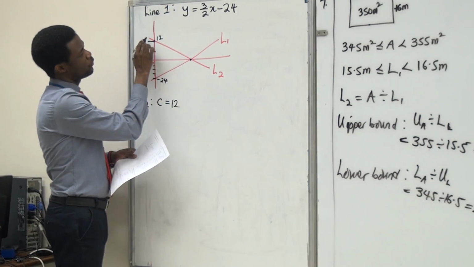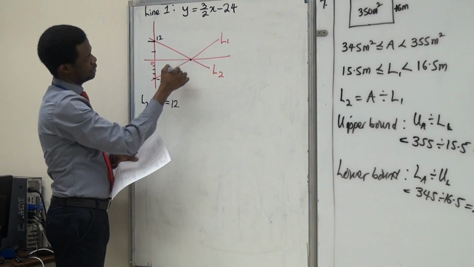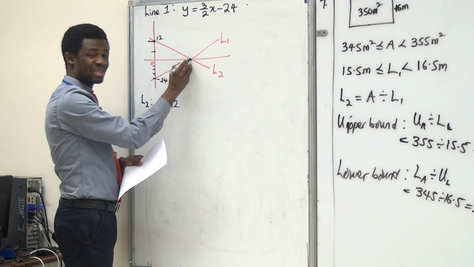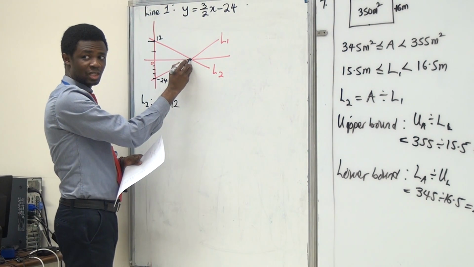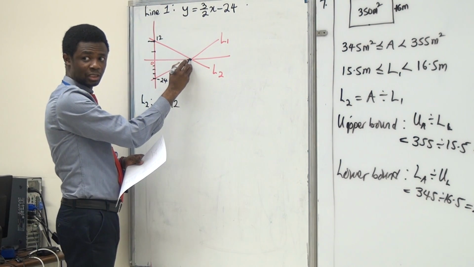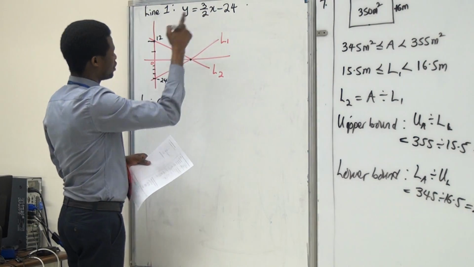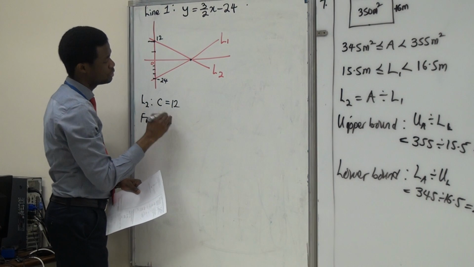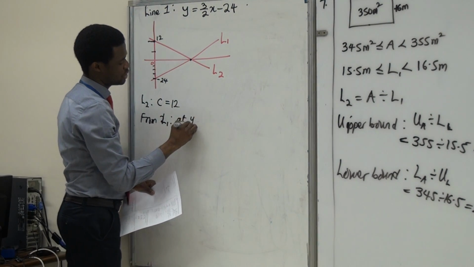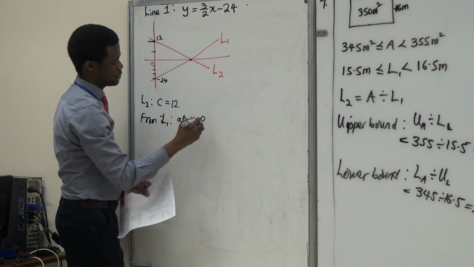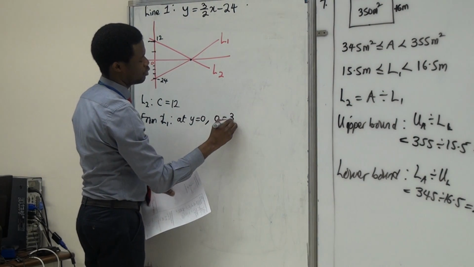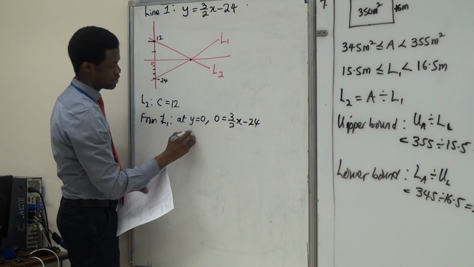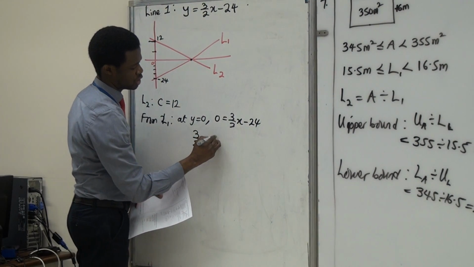How do we check? We know that L1, whose equation is known, meets at this point. This point is the x-intercept. At the x-intercept, y is equal to 0. So from L1, at y equals 0, we know 0 equals 3 over 2 x minus 24, which means 3 over 2 x is equal to 24.